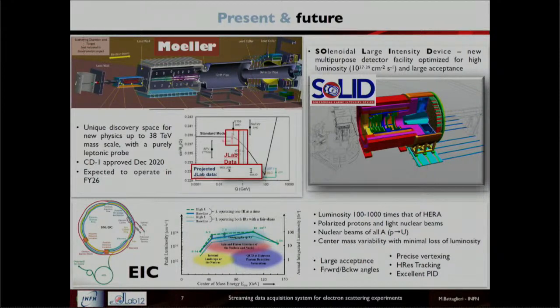And same thing for the Electron-Ion Collider. The Electron-Ion Collider is the next machine that is going to be built in the United States. Just to give you an idea, it is about 1,000 times the luminosity that HERA at DESY had a long time ago. This is a collider of electrons and nuclei.